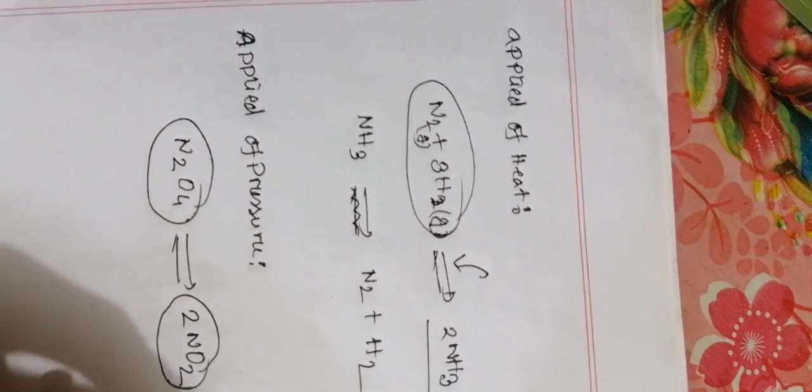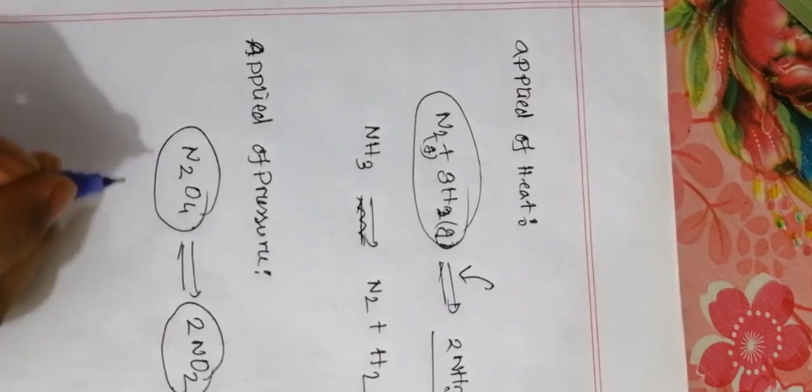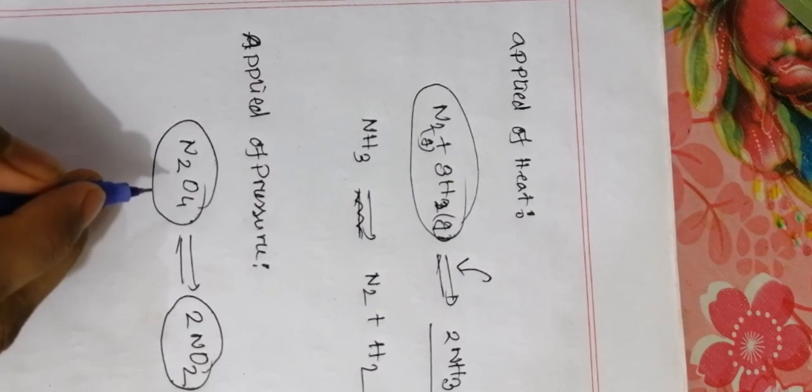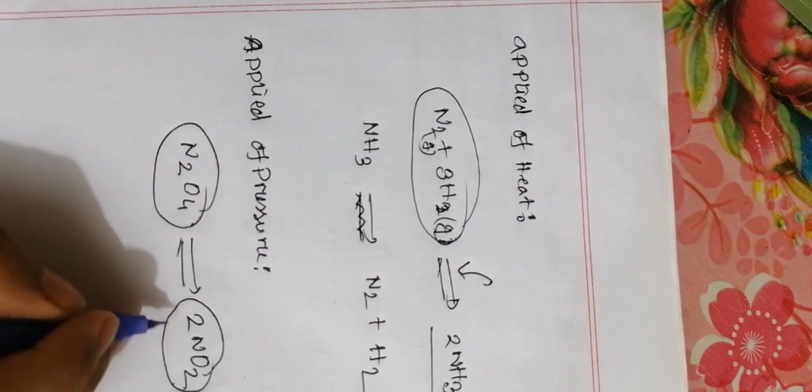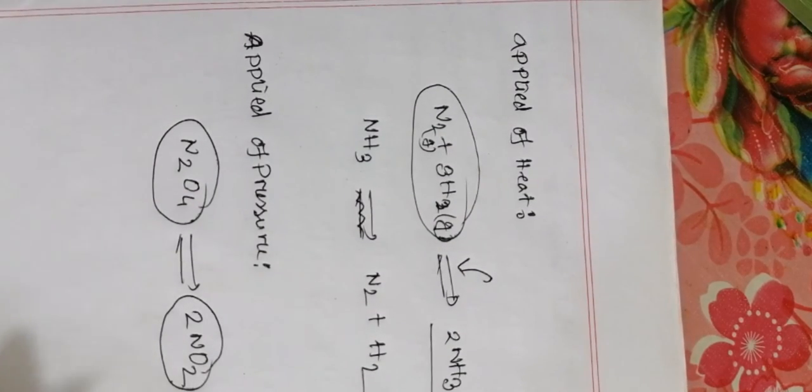Here, if we apply pressure, the backward reaction is increased and production of dinitrogen tetraoxide is increased, and if we withdraw pressure, the production of nitrogen dioxide is increased. That means the forward reaction is increased.